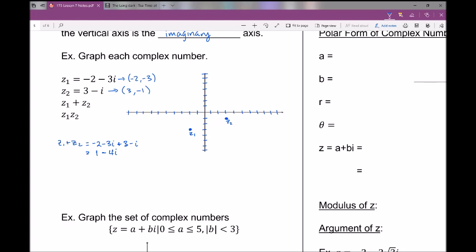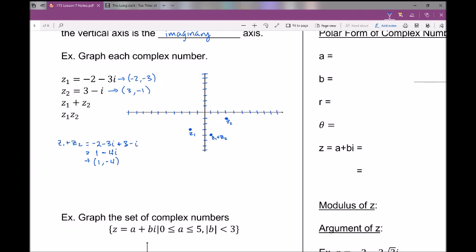So the sum of our two complex numbers is 1 minus 4i, and that's the same as the point (1, negative 4). To graph that point, we go to the right 1 unit and down 4 units. This is the point z1 plus z2.